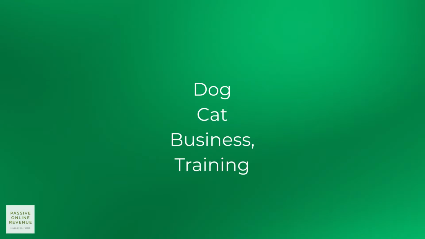Generic keywords are words that are topics that have a relatively wide scope. For example, examples of generic keywords are words like dog, cat, business, or training. You will notice that generic keywords are usually just one word, and it is a word that is used by many businesses.